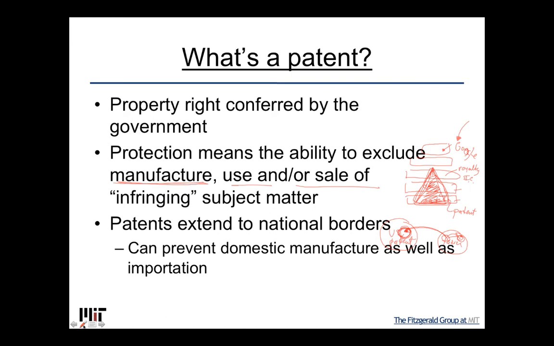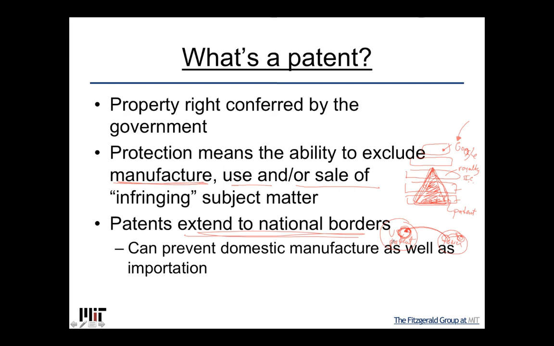And this is what I meant by extending the national border here. So you can prevent somebody from making it within the U.S. if I have a U.S. patent, or I can stop it there even if I don't have patents outside the U.S. And that's why, if you're under a lot of pressure, let's suppose that your company's really low on cash flow, and you have to fire employees, and you really don't want to because you've got to keep your business going, then you might choose to only have a U.S. patent instead of patenting both countries.